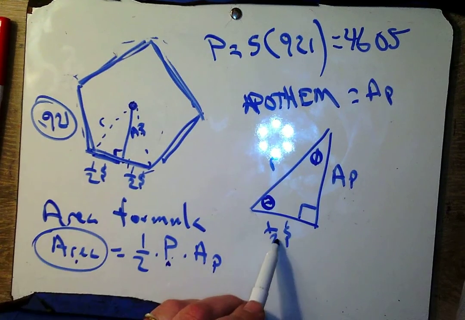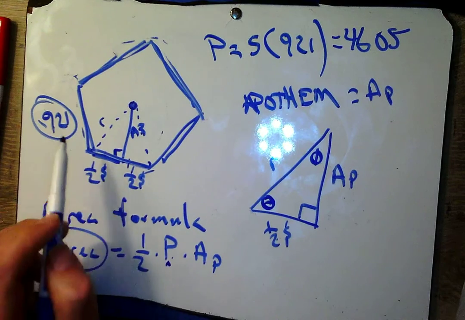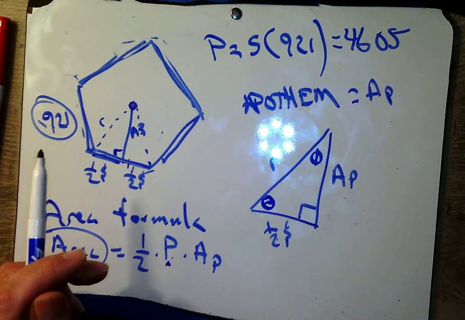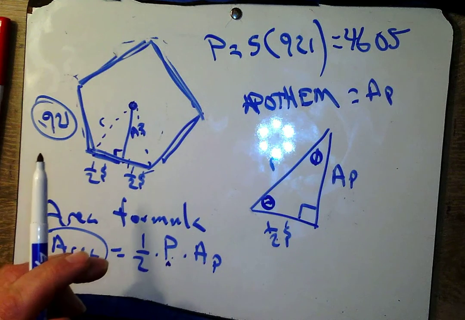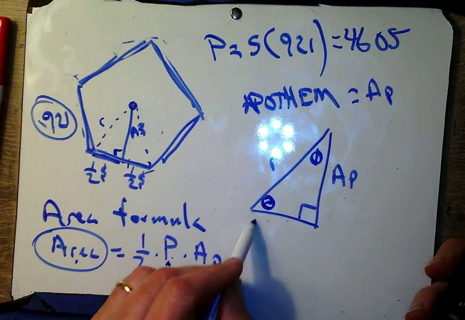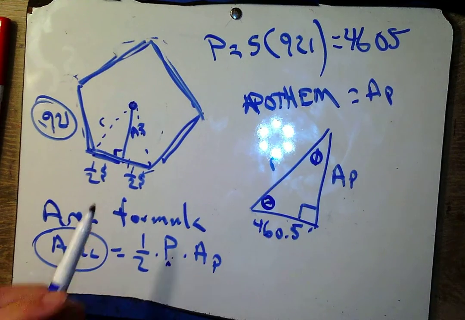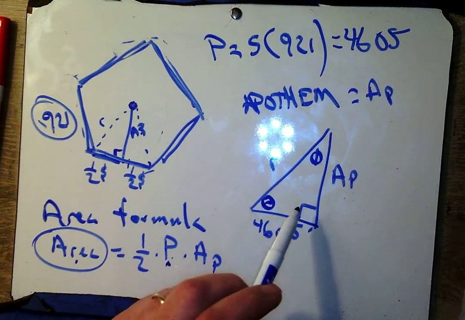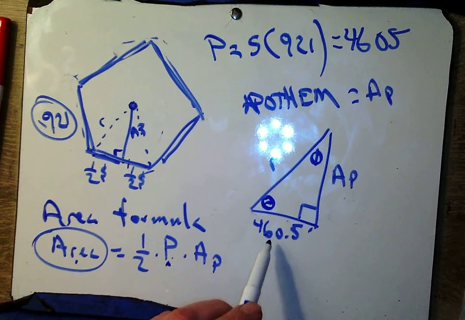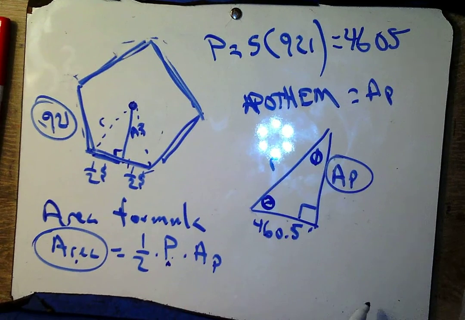I know that this is half a side length, and a whole side length is 921. So 921 divided by 2 is going to be 460.5 feet. But I still don't have enough information, do I? Look, I've got one side, I'm looking for another side.